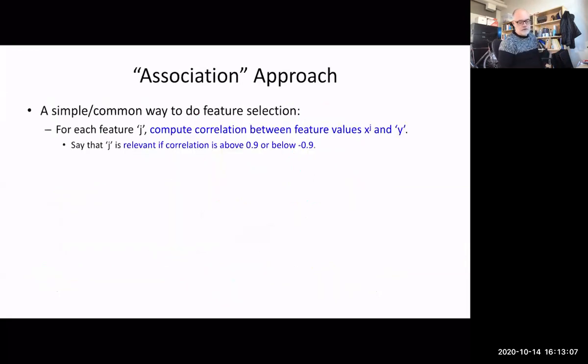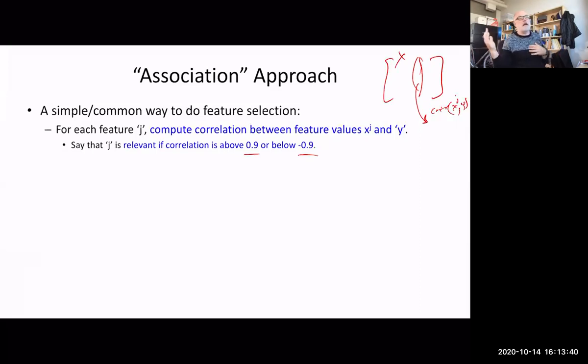So one way you could do this is to take an association approach. It's a super simple and reasonably common way to do feature selection. And it's straightforward. Basically, for each column J in your data matrix X or Z, you pull that out and you compute the correlation between that vector and Y. And you say that the feature J is relevant if the correlation is above 0.9 or below negative 0.9.